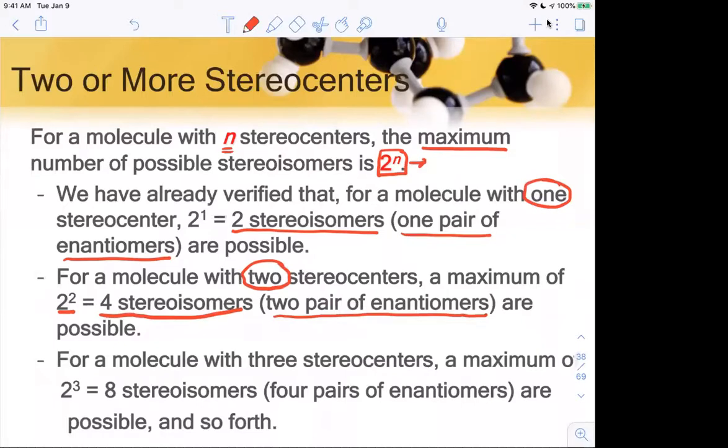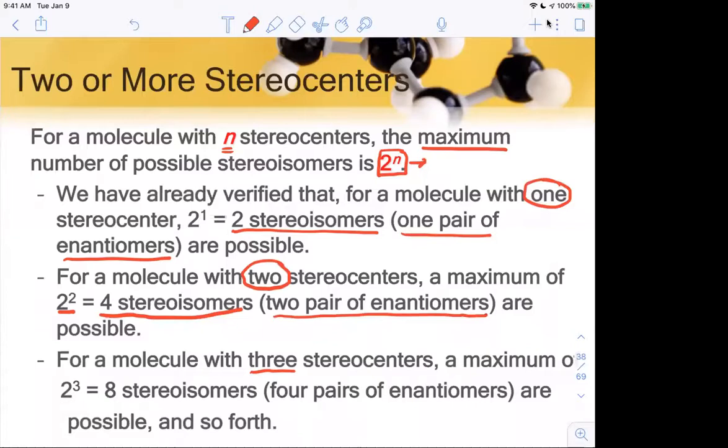In this course, since it's not the organic chemistry 1 and 2 sequence for science majors, we pretty much stop here in terms of discussing this type of concept, but just recognize I could have as many stereocenters as I have carbons in some regards.